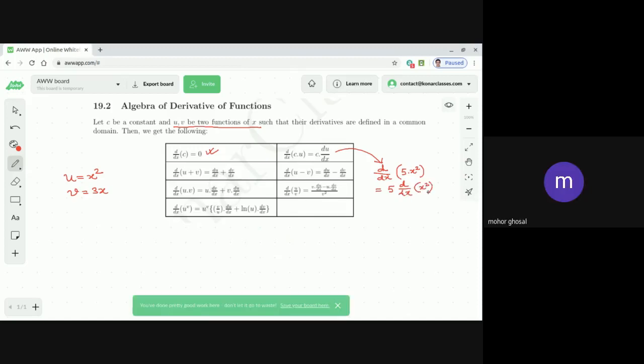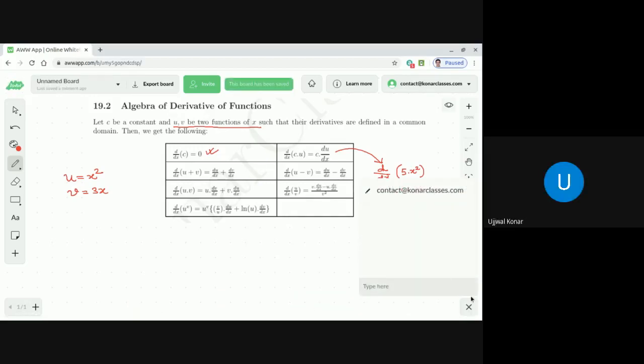Did you get my point? In context to the first one, I can say that d/dx of a constant, suppose 5, is always equal to 0. It is not only with respect to x, it is with respect to anything. Correct or not?